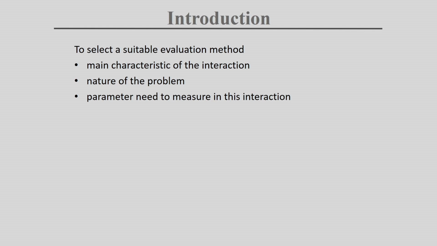If we see that, what is the main characteristic of the interaction? If you take that example, you need to exert a certain force to open it. You need to operate that wing nut and then rotate it and then it will open. Next is the nature of the problem.